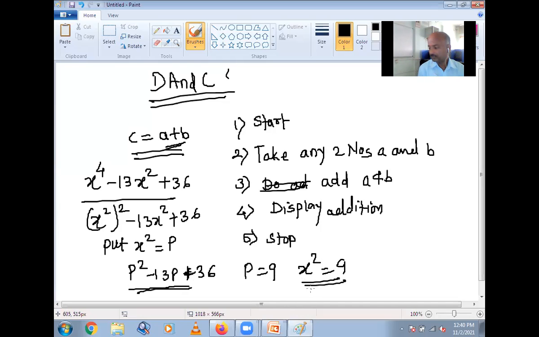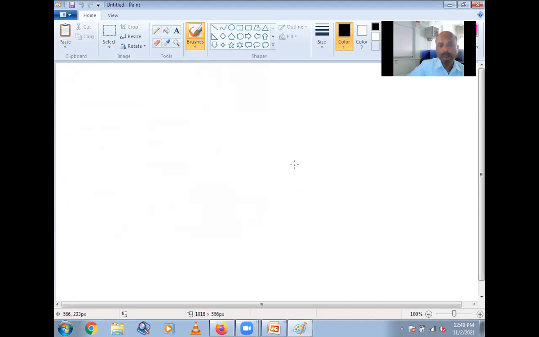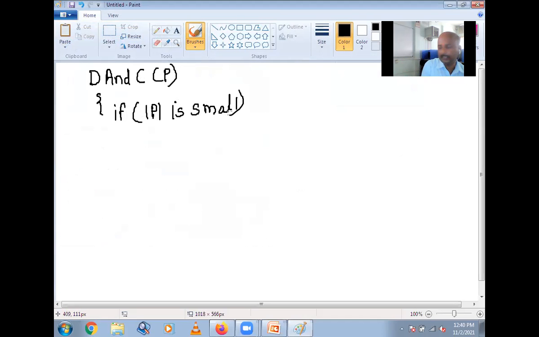Okay, we'll see the first algorithm, that is divide and conquer of problem P. In this, if P is small, then return the solution of P, that is S(P), the solution of that problem.